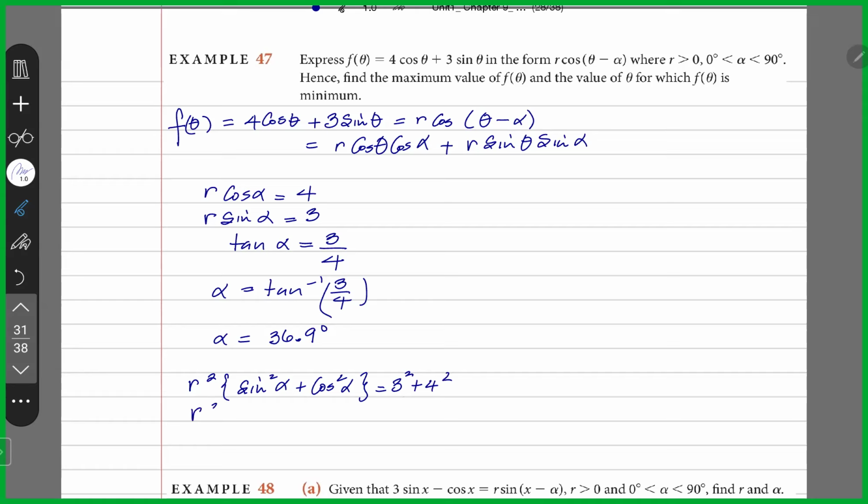So r squared, because sine squared alpha plus cos squared alpha is 1, would be equal to 9 plus 16, which is 25. So r is equal to the square root of 25, which is 5.